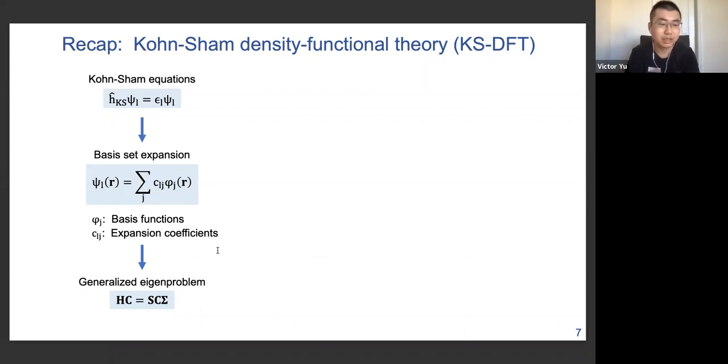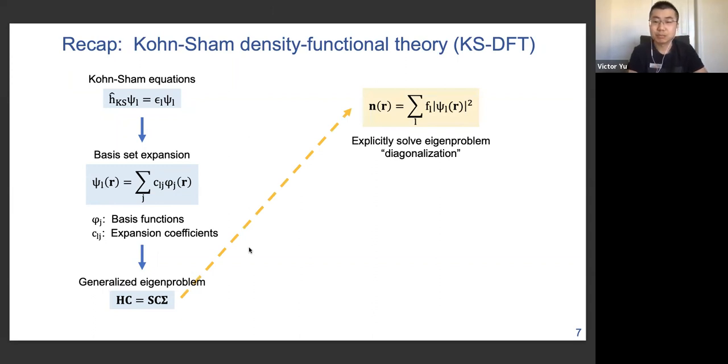And after discretizing the Kohn-Sham equation, it becomes a generalized eigenvalue problem in this matrix form. Here, H is the Hamiltonian matrix, S is the overlap matrix, and the eigenvectors C basically correspond to the wave functions in this basis set expansion, and sigma corresponds to the single particle energy levels.